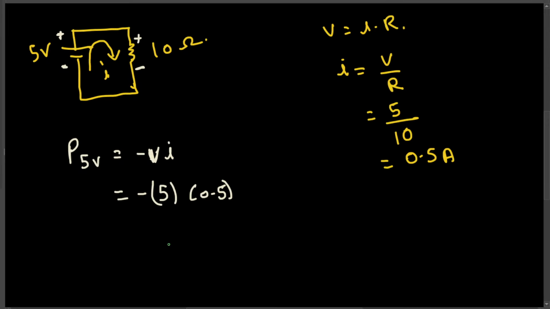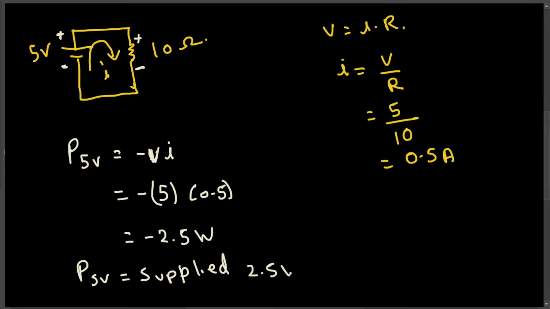If you multiply both of them, that's negative 2.5 watts. Since the power is negative, this is power supplied. P5V is supplied 2.5 watts. Watts is the unit for power.